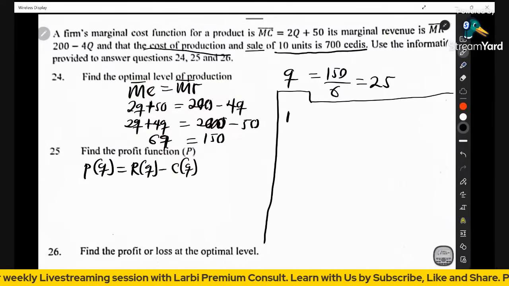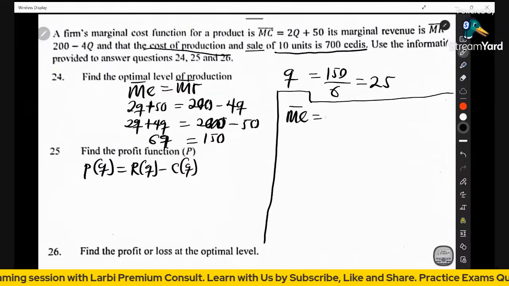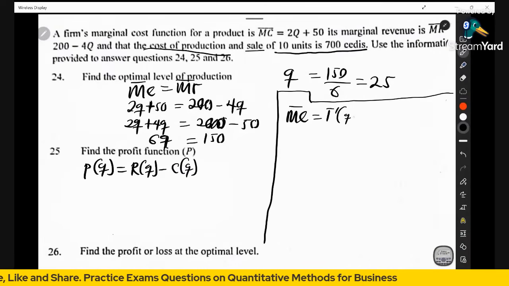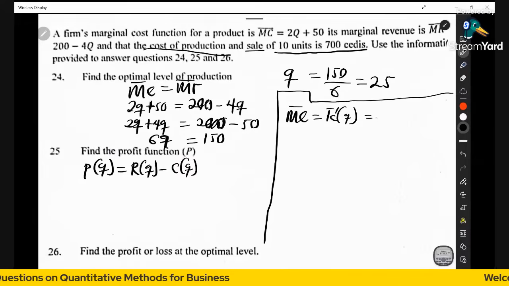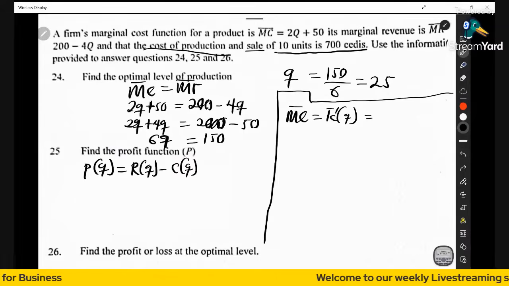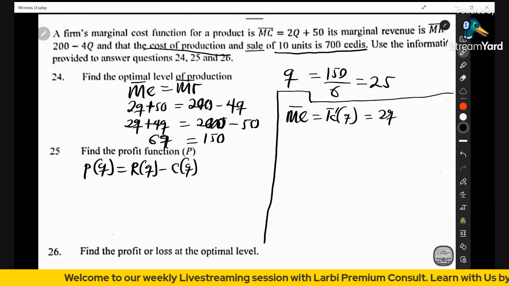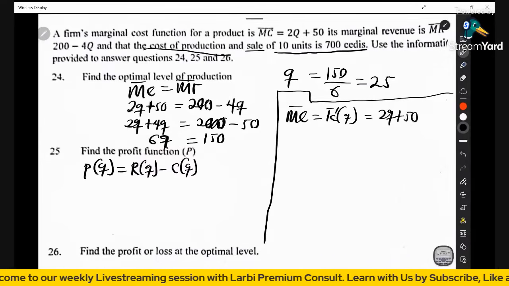My marginal cost will always be equal to the derivative of the total cost, C prime of Q. If I want to integrate, it was given as 2Q plus 50.